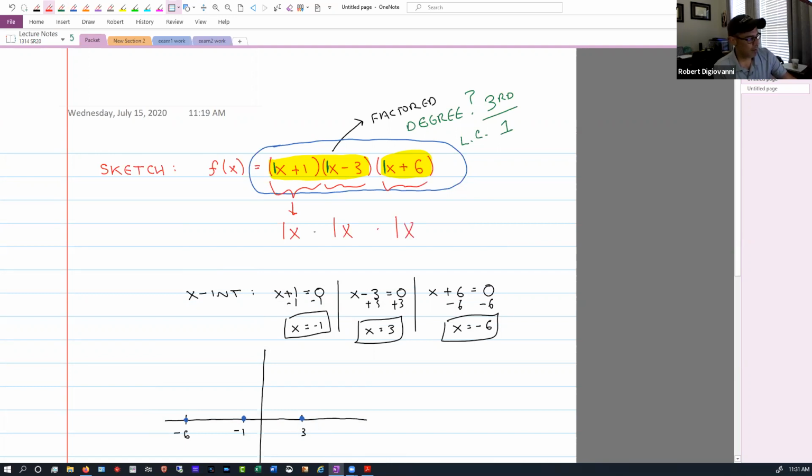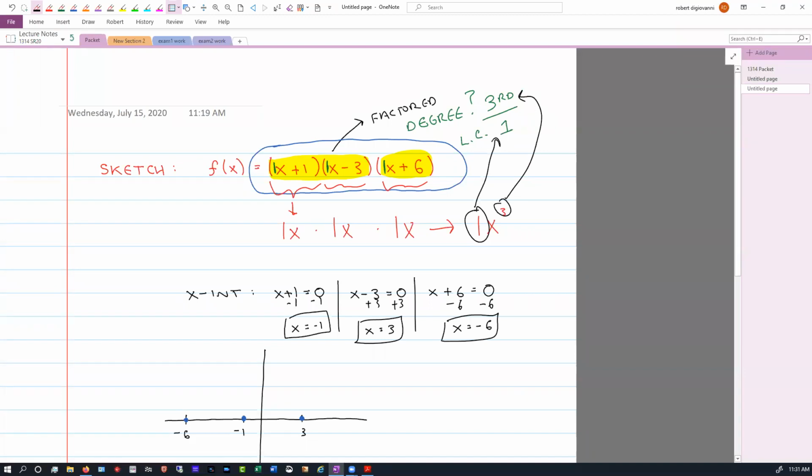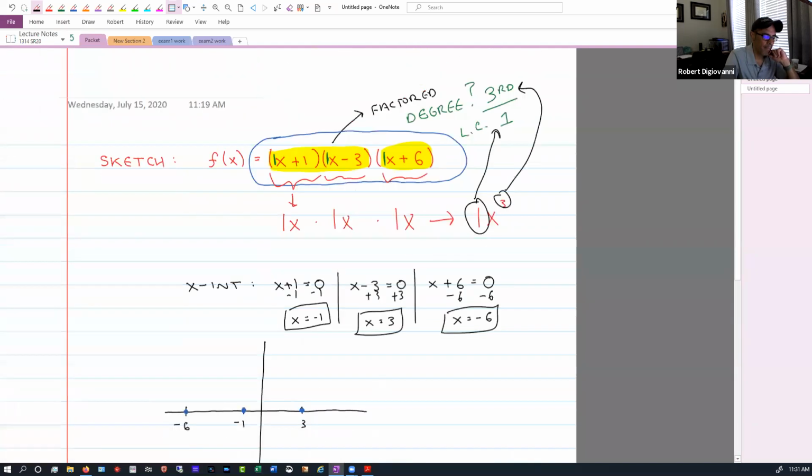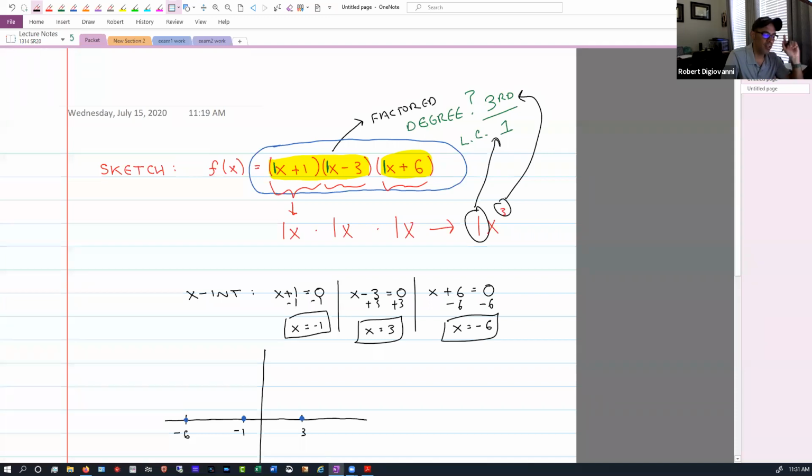And if we multiply those all together, we wind up getting a 1x cubed. And so the degree is the 3, and then the leading coefficient is the 1. Okay? Any questions there? Okay, so this is a degree 3 polynomial with a leading coefficient of 1.